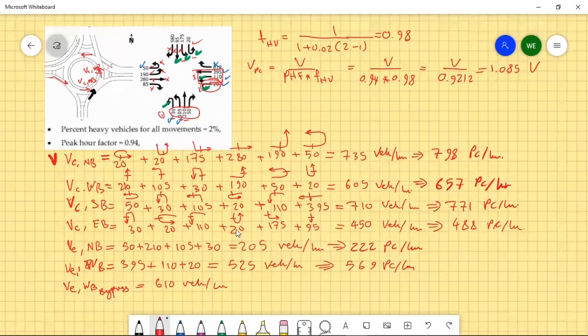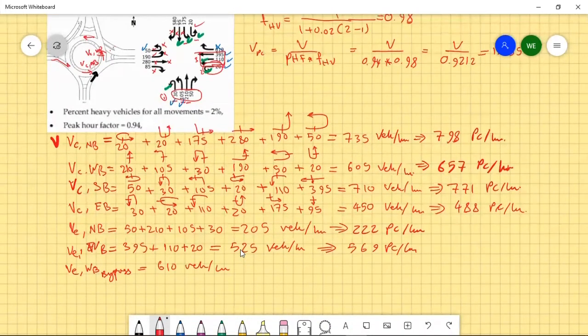Okay. Now for the southbound, this volume is totally eliminated from the calculation.